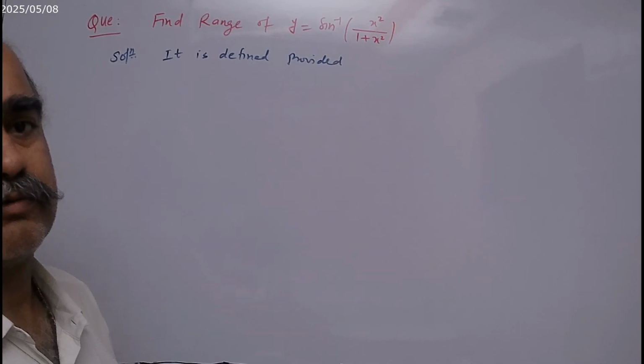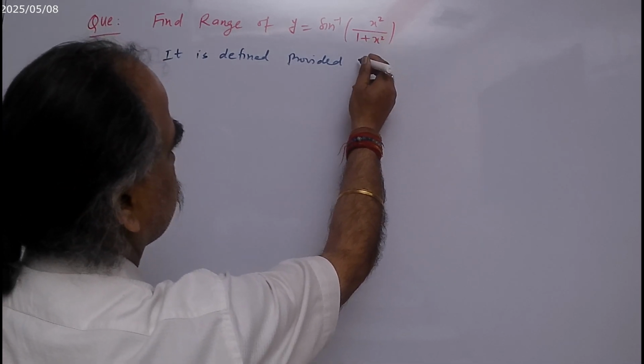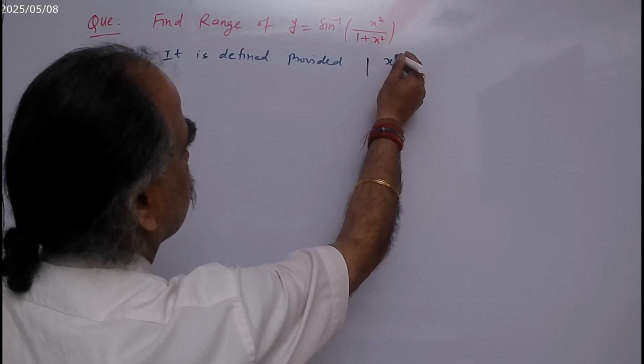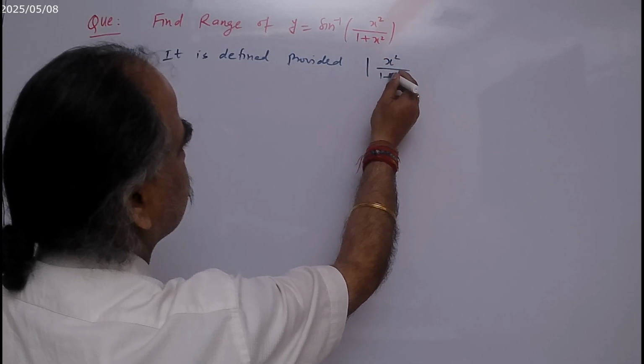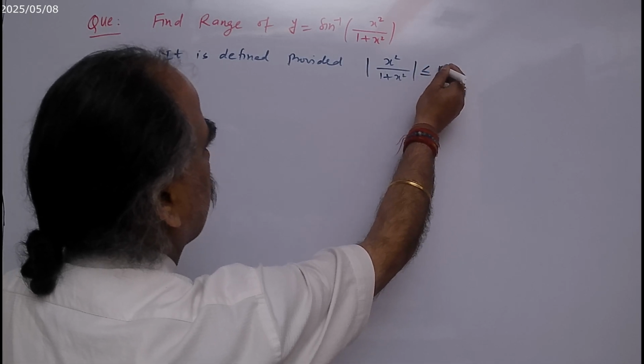Between -1 and +1. So find provided modulus of x square upon 1 plus x square should be less than or equal to 1.